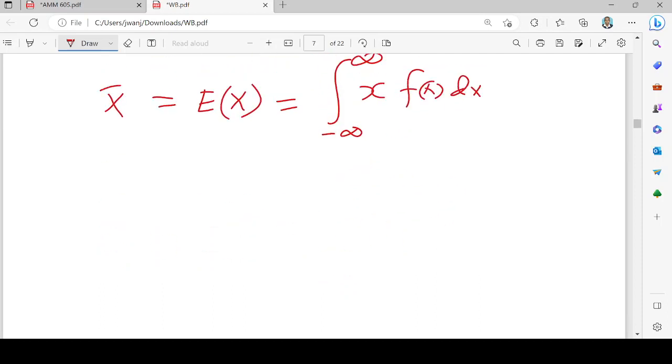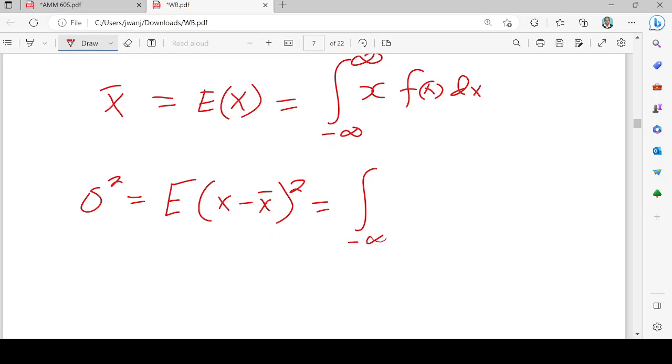And we have also talked about the variance, which we normally denote by sigma squared, and it is the expected value of x minus x bar squared, which we can write as the integral from minus infinity to positive infinity of x squared f of x dx minus the square of the mean. So basically, this is what we have talked about in this session.